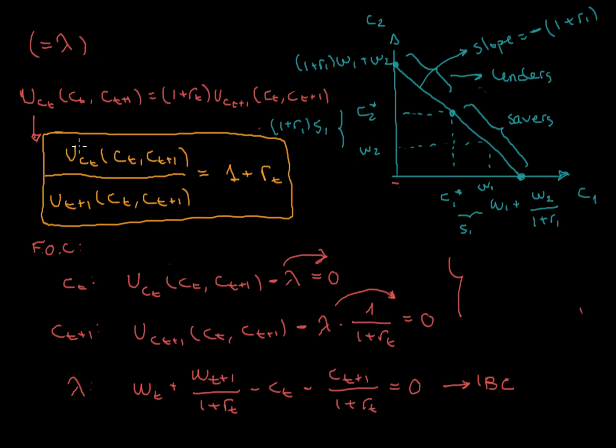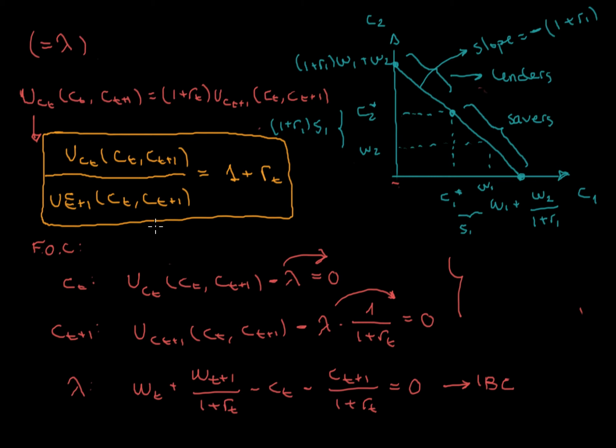So now if we know the utility function of the household, for example, a CES function, then we can compute the partial derivatives with respect to c_t and c_{t+1}, equate the ratio to 1 plus r_t, the real interest rate, and then we obtain the optimal condition.